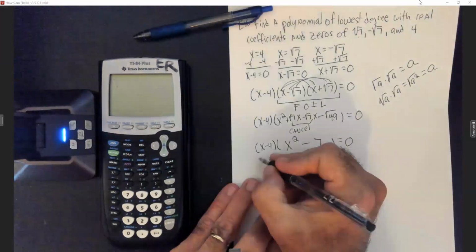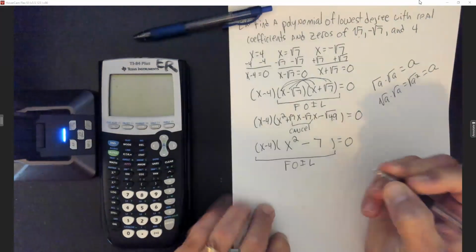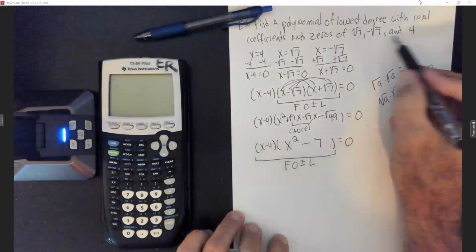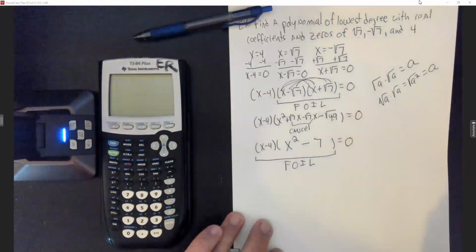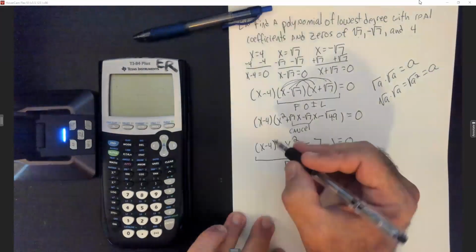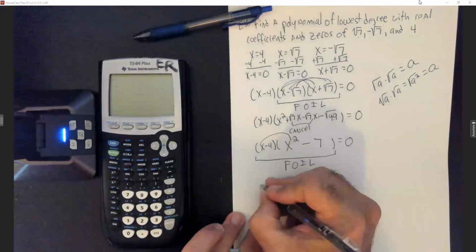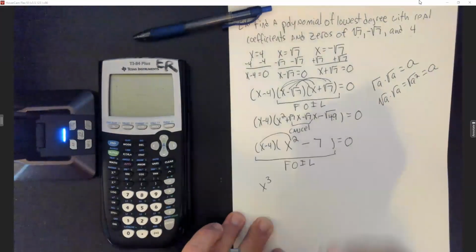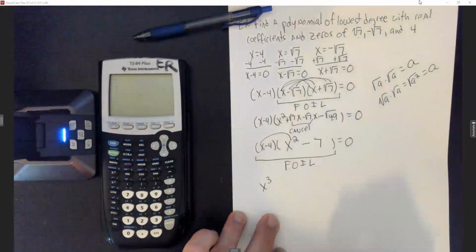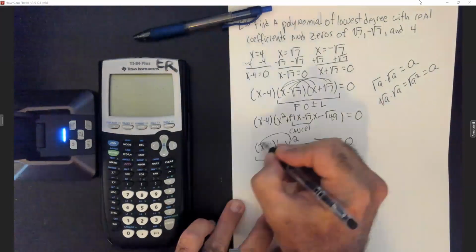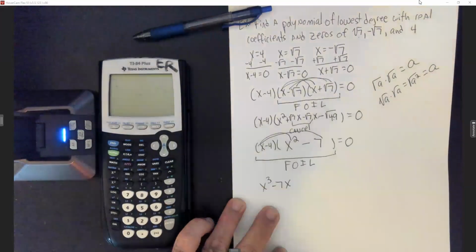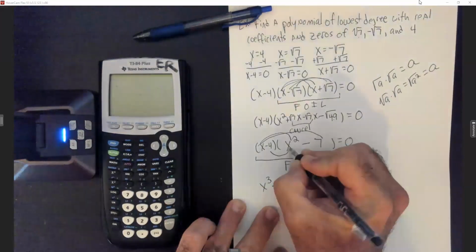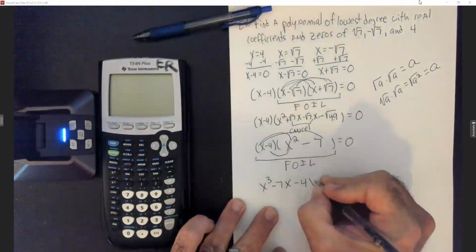So now we will FOIL this. And remember, I had 3 zeros, so I should end up with an x to the third somewhere, okay? Oh, and y'all watch this. X times x squared is x to the third. X times negative 7 is a negative 7x. Negative 4 times x squared is a negative 4x squared.